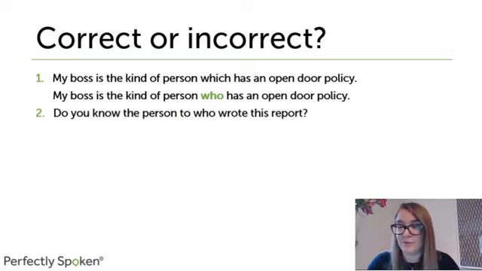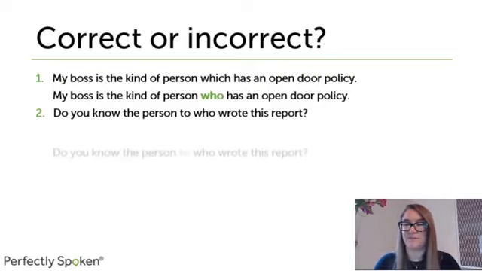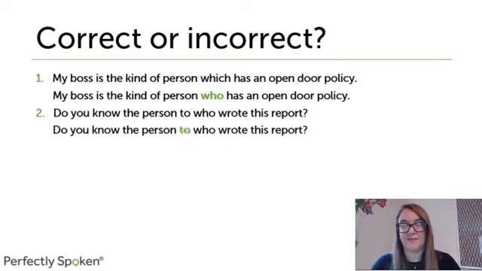Number 2, do you know the person to who wrote this report? Correct or incorrect? Incorrect. We don't need to. Do you know the person who wrote this report? So you need to eliminate the word to there.